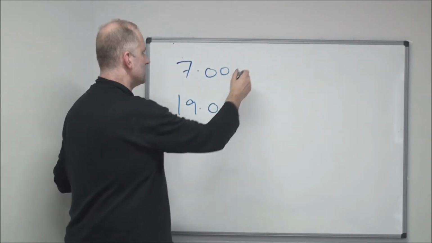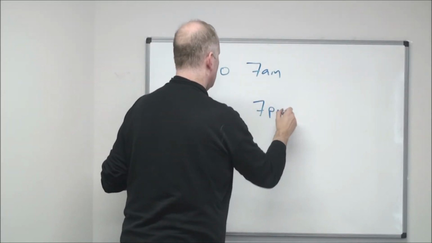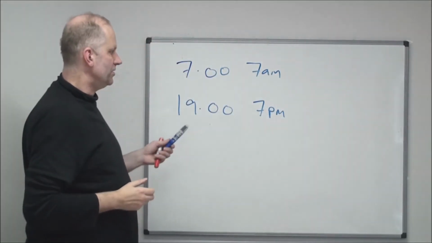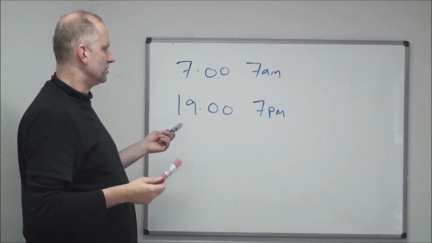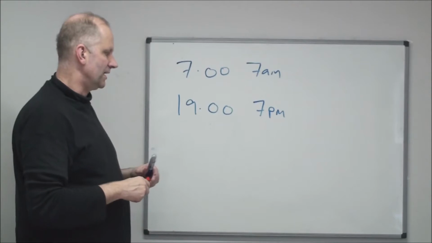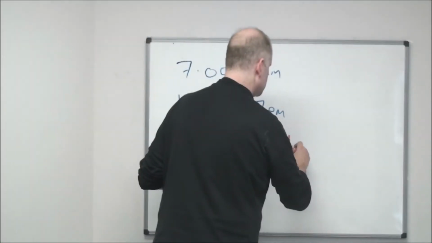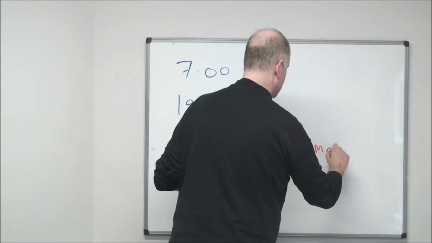So it could be 7 a.m. or 7 p.m. The way that you say if it's 7 in the morning or 7 in the evening depends on the word. So the word for morning is la mañana.